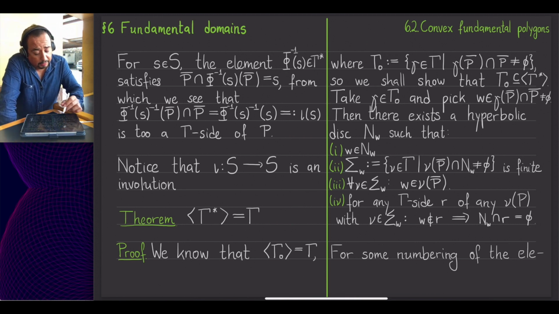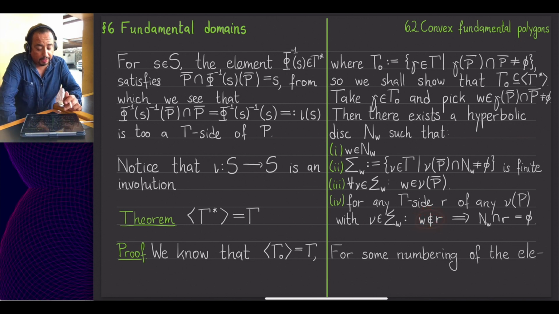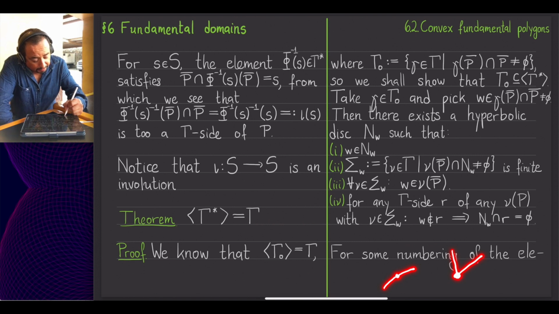Moreover, by shrinking such disk if necessary, we can make it disjoint from any side of any translation of P not containing W. So W is either in the relative interior of a side, or is a gamma vertex, and then here are some other sides.